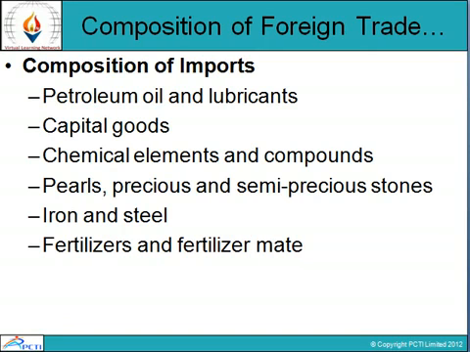Next, coming towards the composition of imports. The policy of import substitution was adopted to give a boost to the domestic industry. The second plan gave a new thrust to the process of plant development with emphasis on capital intensive investment.